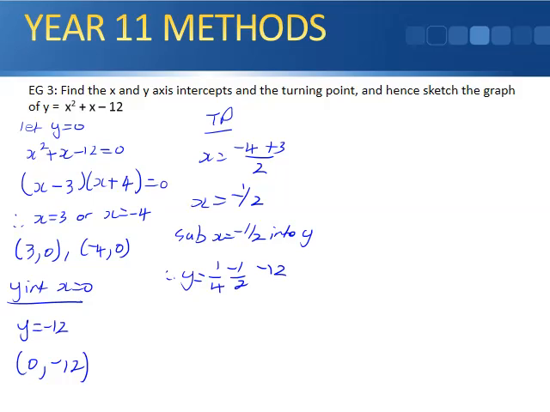Now 1/4 minus 1/2 is just minus 1/4, and I've got minus 12, so this really is minus 12 and 1/4. So this turning point is (-1/2, -12 1/4). Probably going to be a little bit hard for me to draw this, but I will try my best to do it.